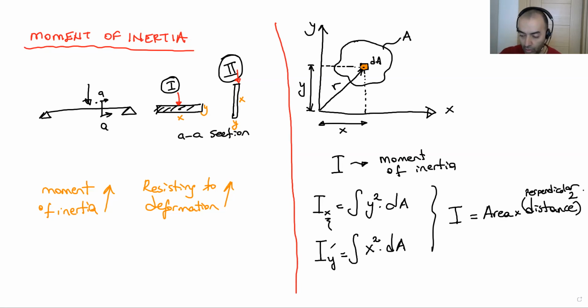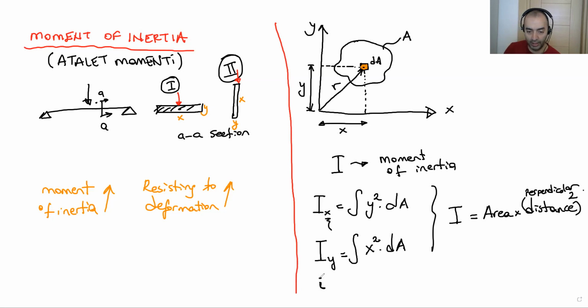So there's one more important sectional property, which is radius of gyration.